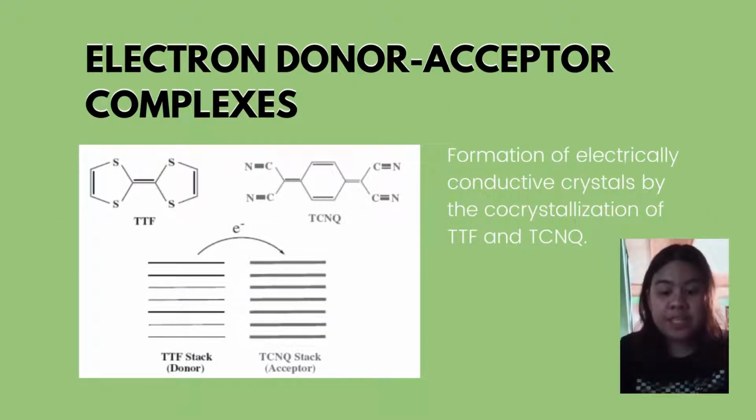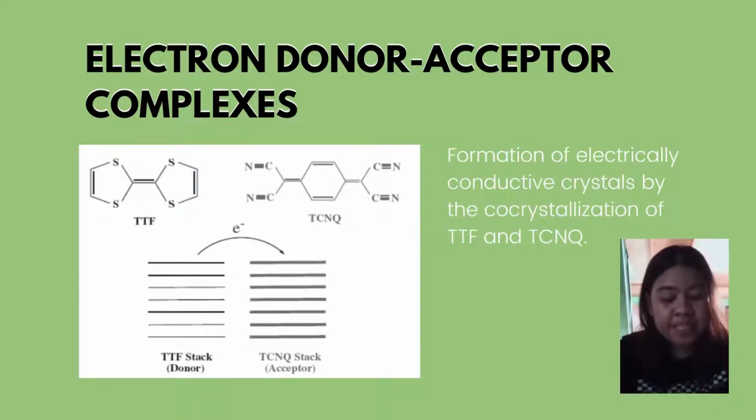Formation of electrically conductive crystals by co-crystallization of tetrathiafulvalene and tetracyanoquinodimethane. These are two planar molecules that form stacks when assembled in the solid state. The stack structure allows overlap of the pi orbitals in neighboring molecules within each stack.